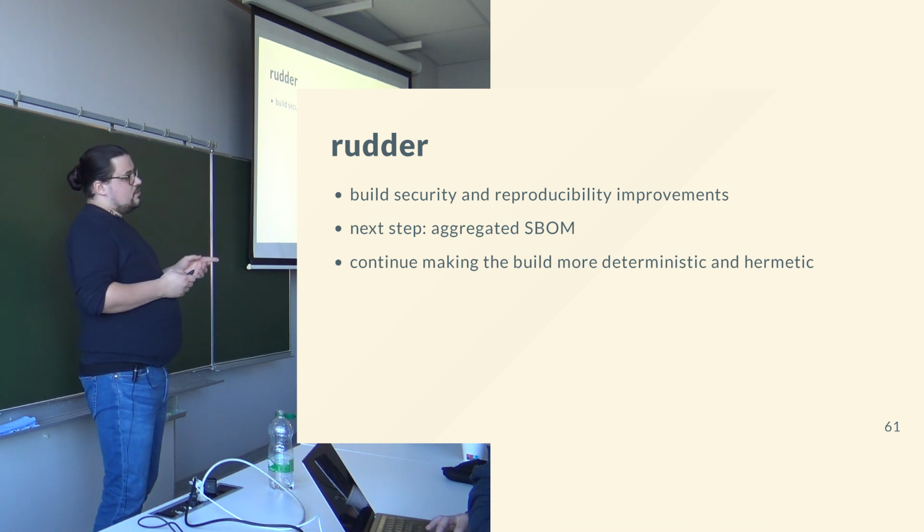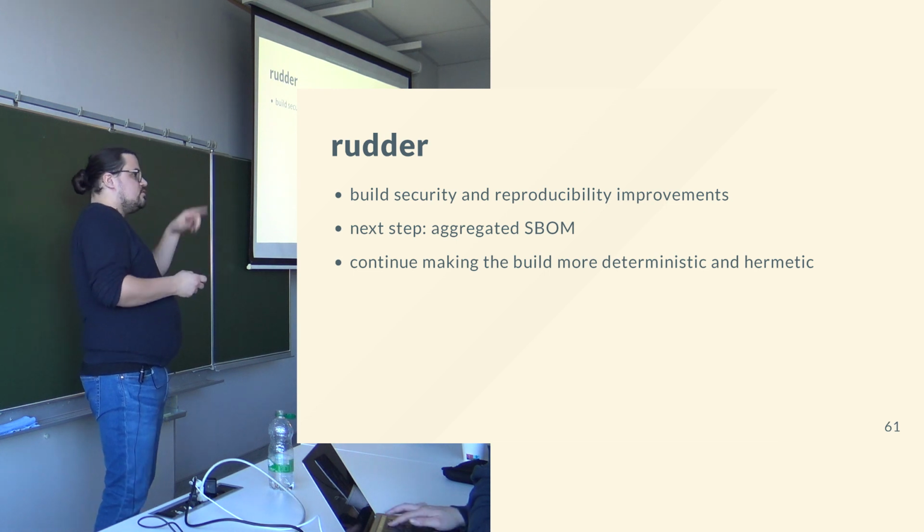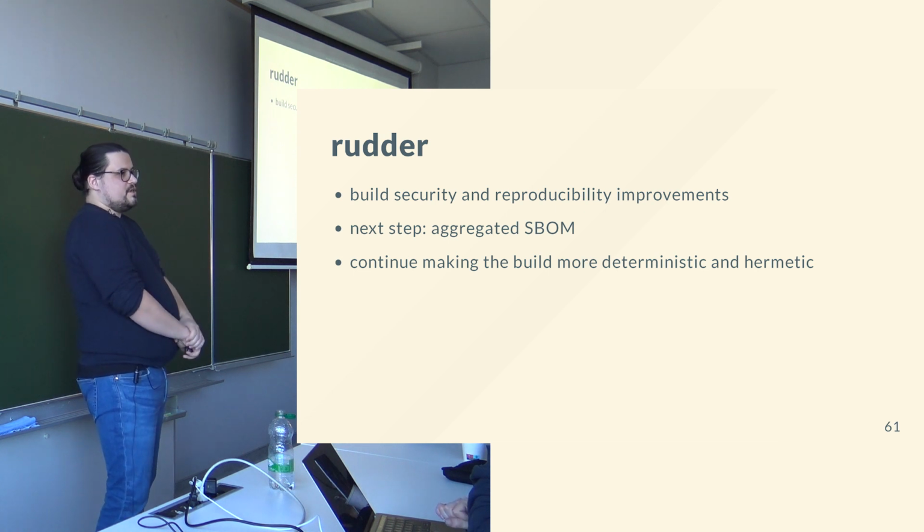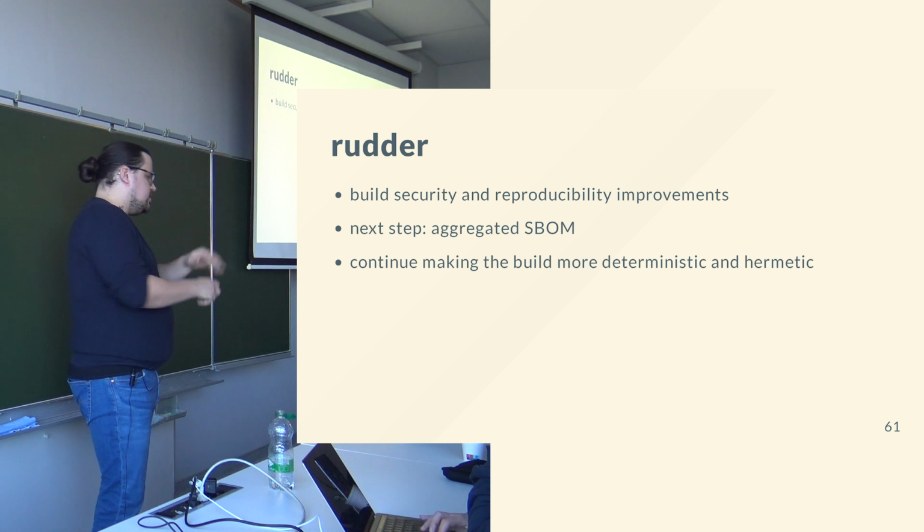The funny thing is that you also have to scan all those build dependencies for vulnerabilities, because if you have a vulnerability in one of your compilers, then it's affecting your whole software. So you need to also keep track of everything that affects the build platform.